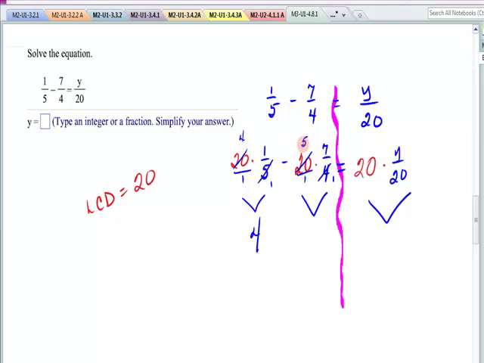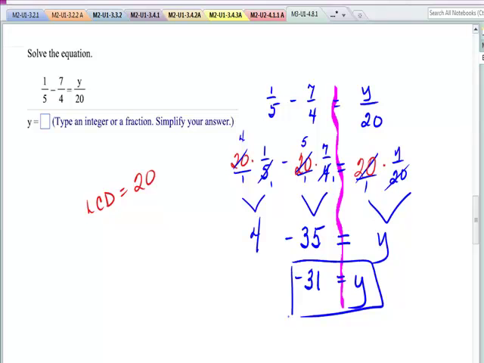I have a minus 5 times 7, which is minus 35. Equal sign. These 20s divide out, and I get y. So I have 4 minus 35. Those are like terms. I can subtract, keep the sign of the larger. That's minus 31 is y, and the problem's done.